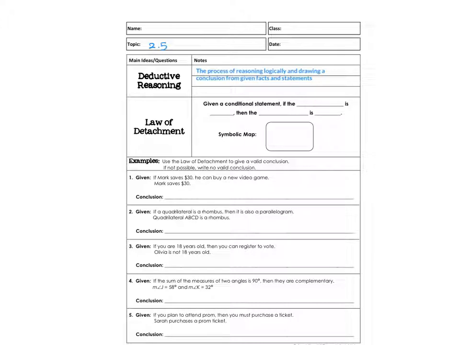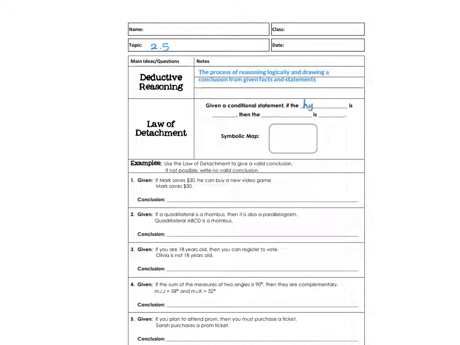So there is a law about deductive reasoning called the law of detachment, which says: given a conditional statement, if the hypothesis, which is the statement after the if, is true, then the conclusion is true.